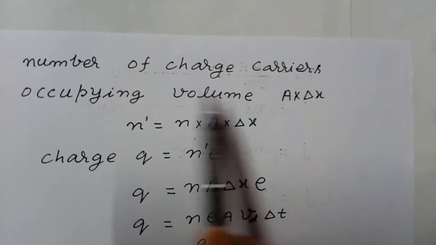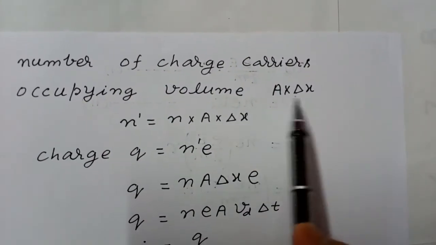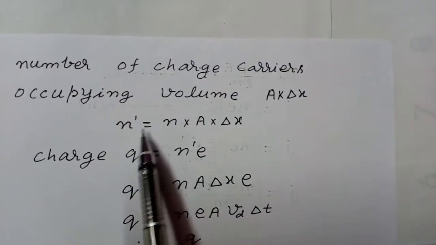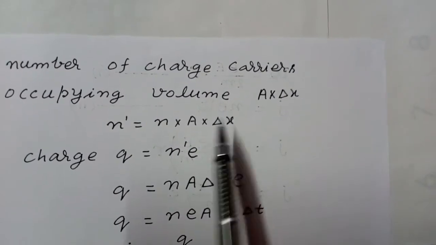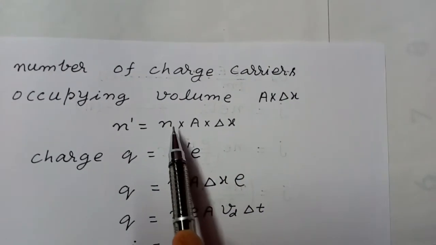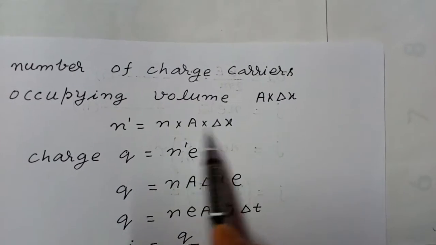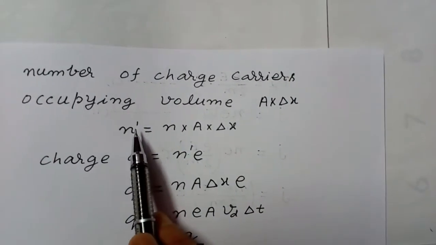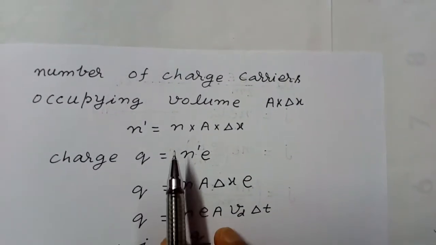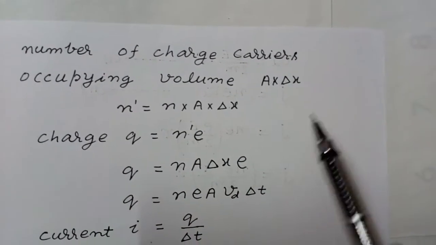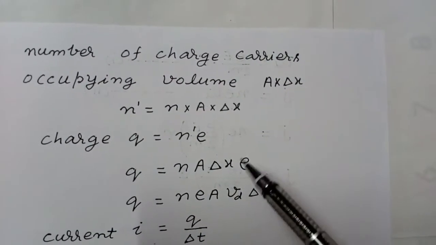Now the number of charge carriers occupying volume A into delta x, n dash, is equal to n into A into delta x, because in unit volume there are n free electrons, so in this volume A into delta x there are n dash free electrons.